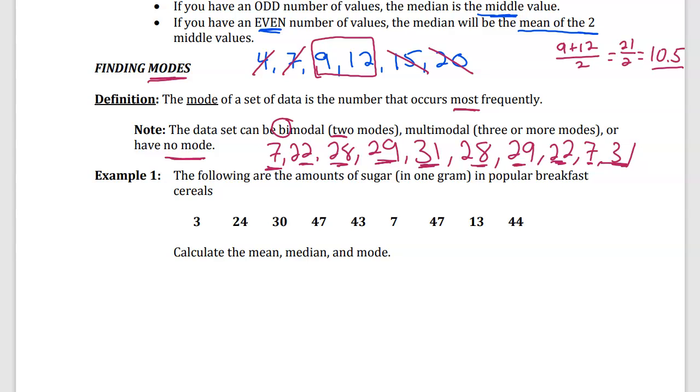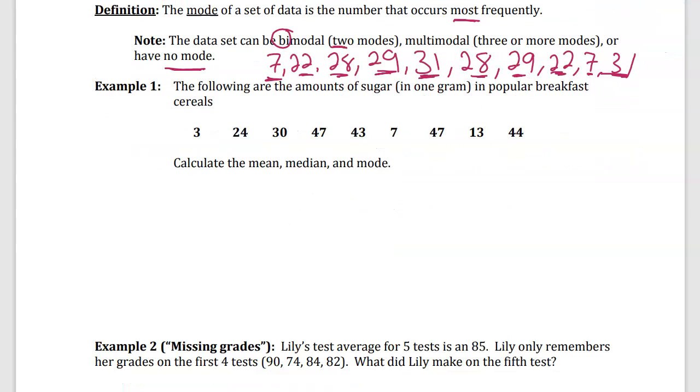Okay? So let's calculate the mean, median, and mode of this set of data that is the amounts of sugar in 1 gram of popular breakfast cereals. Well, if I know I'm going to calculate the mean, median, and mode, I'm going to go ahead and put this in order.